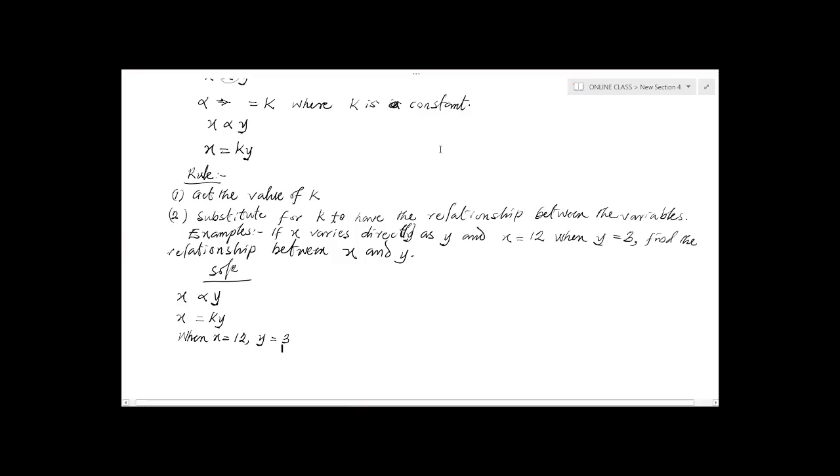So we substitute for x and y here: 12 equals k times 3, and k equals 12 over 3, which is equal to 4.